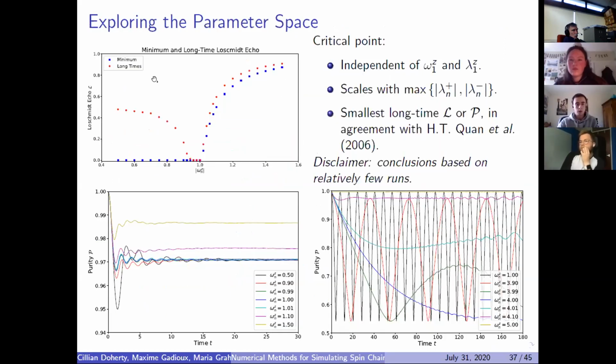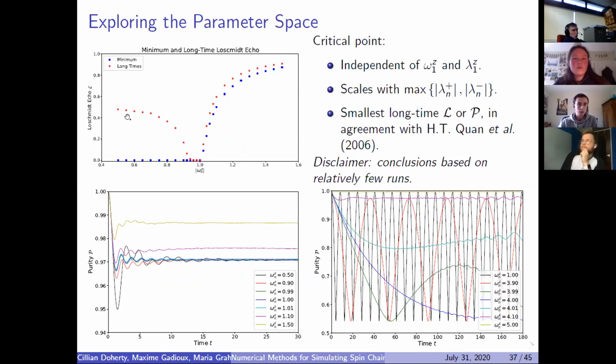Okay, so this is a plot of the minimum Loschmidt echo, so this measure here, and the long time Loschmidt echo. When we had oscillations, we took the average of the minimum and the maximum in the later times.